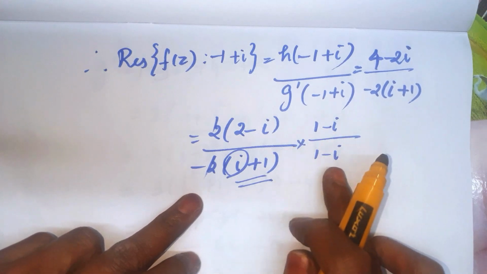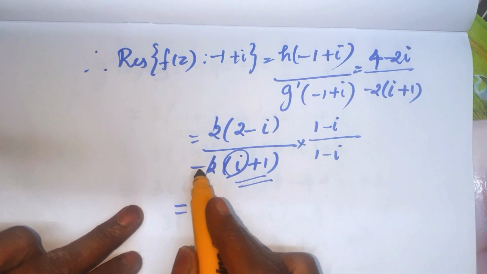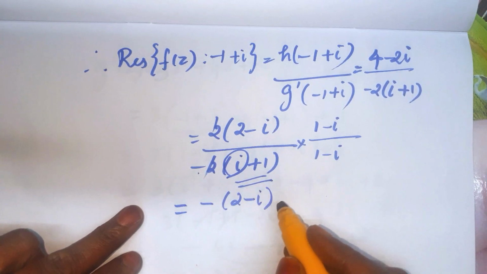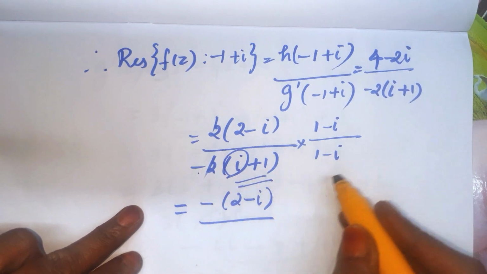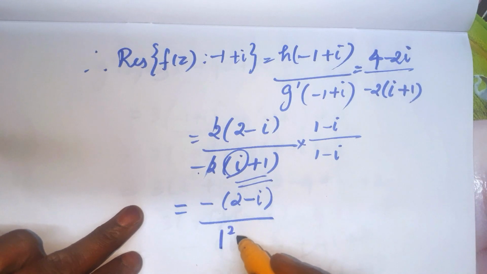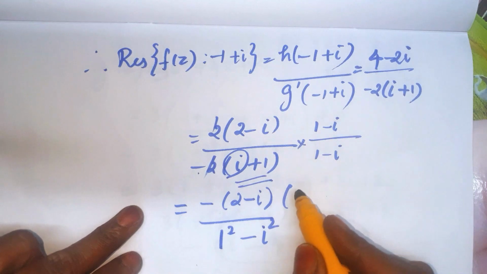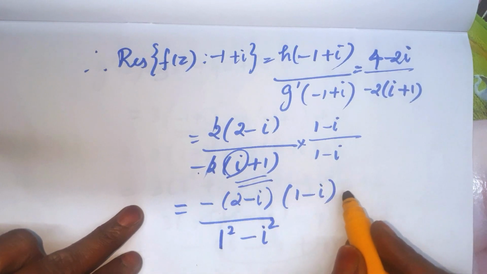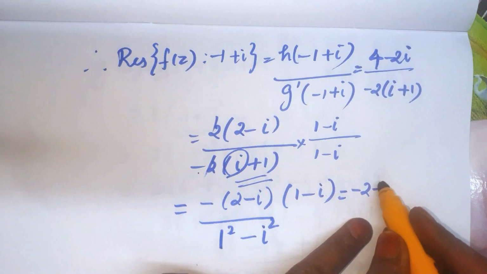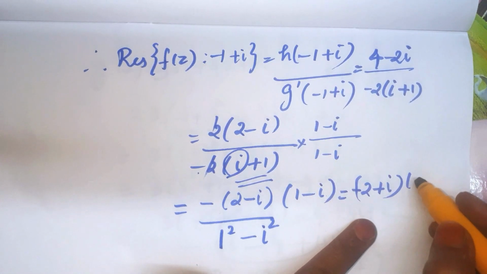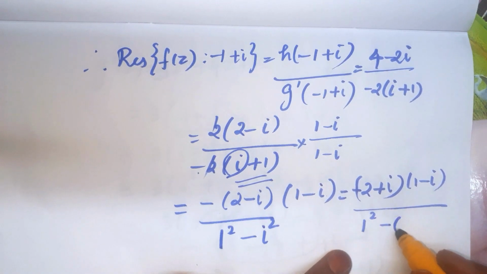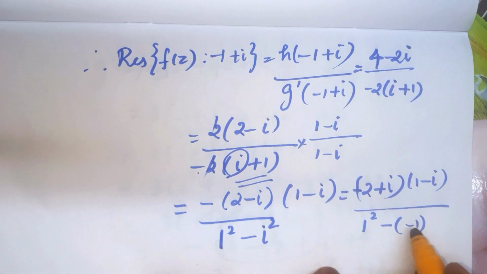So 1 minus i, 1 minus i. The minus we can take to the numerator, minus 2 minus i, by, this is the a plus b into a minus b formula, so a squared minus b squared, i squared, into the numerator term 1 minus i we have. Am I right? Multiply this minus inside. So minus 2 plus i into 1 minus i by 1 squared minus i squared is minus 1. So minus into minus plus.